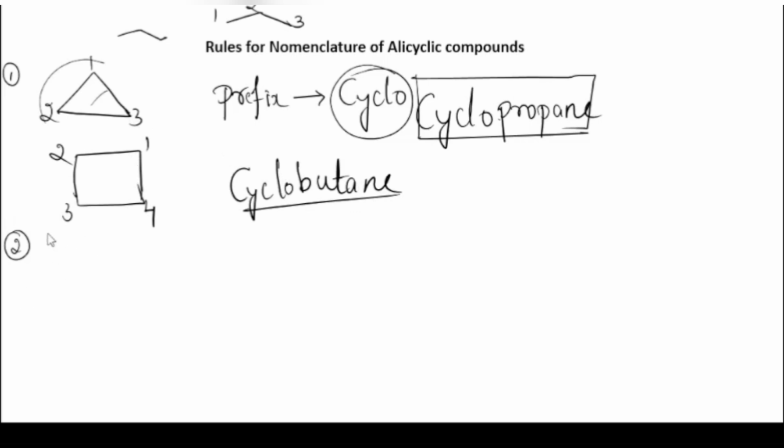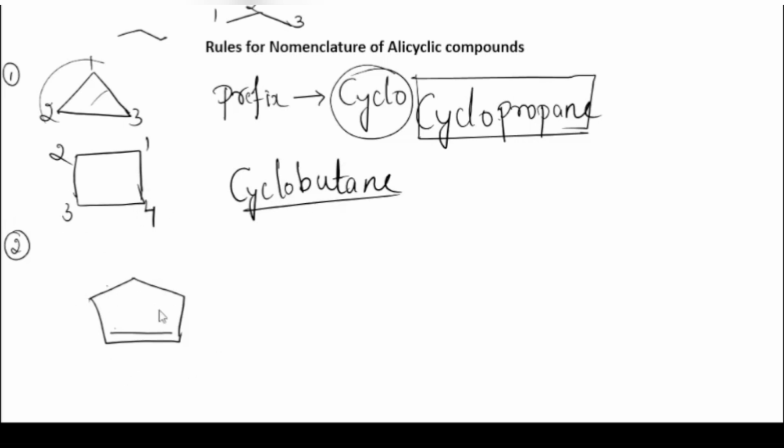The second rule states that if one substituent is there, either it can be a double bond or any other substituent like methyl, ethyl, like that. Here I will take one example, suppose one double bond is there. As in the above case, we just added cyclo to the normal chain, correct?